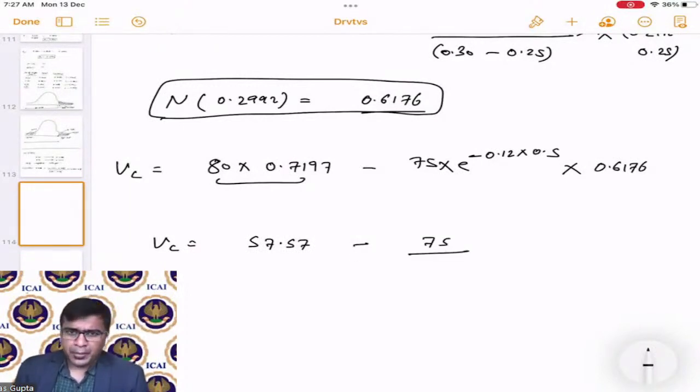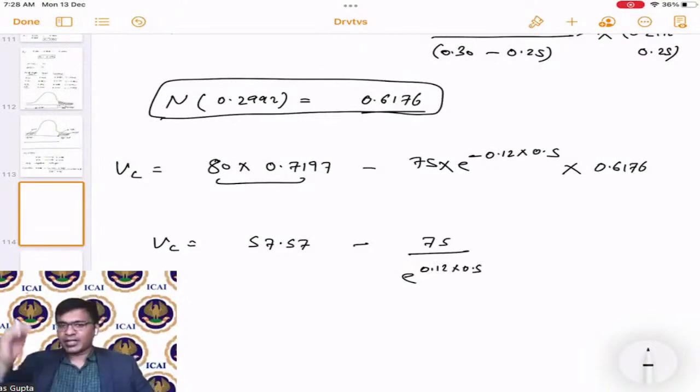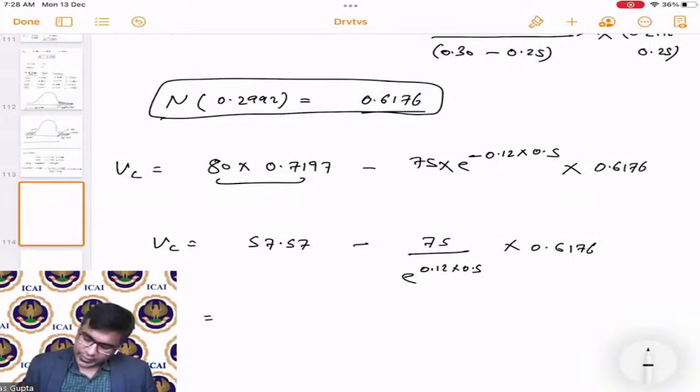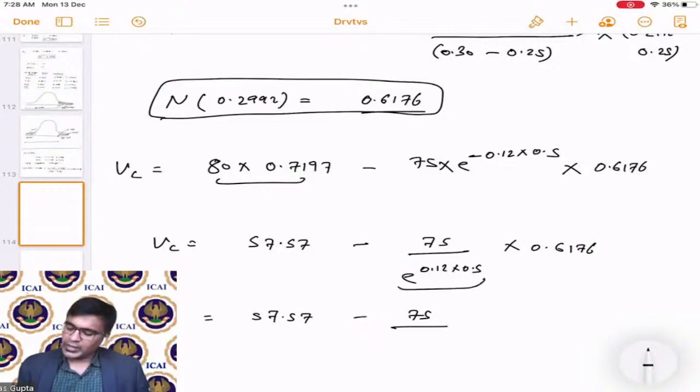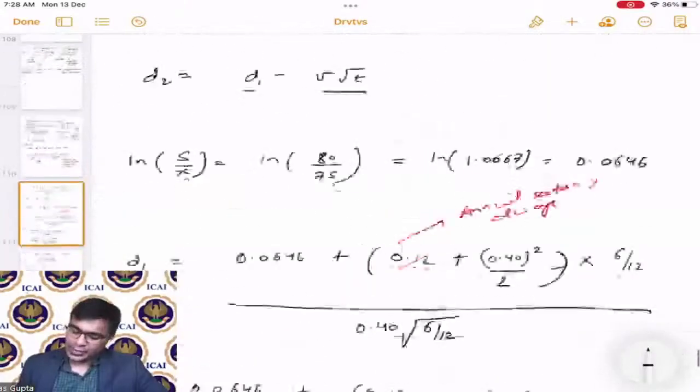What is the property: if anything is raised to a minus power, we can take it to the denominator, and the minus sign will not be there. So it is equal to 57.57 minus 75.